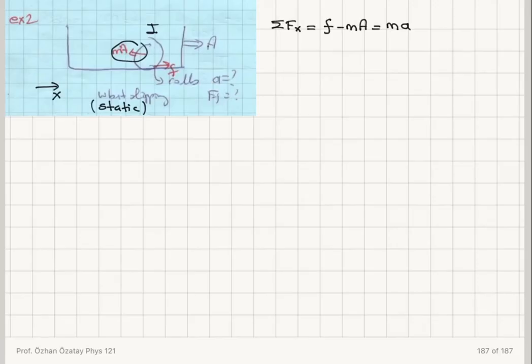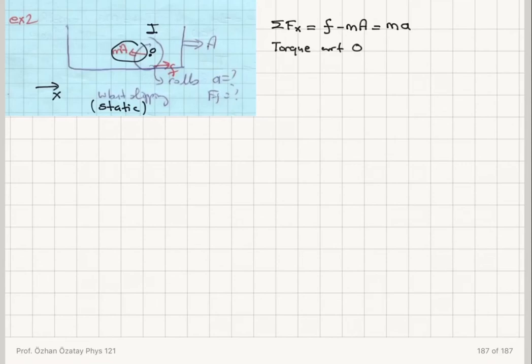So I don't know what it is. That's one equation I can get. In order to eliminate the force of friction from this, I can use the torque with respect to the contact point, or I can use the torque with respect to the center.